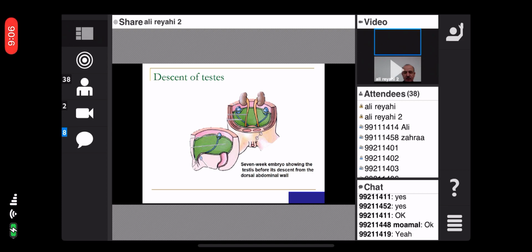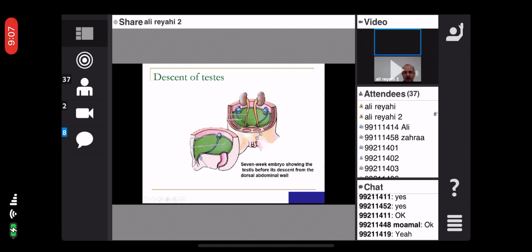But in the embryonic period, the testis is formed and develops within the abdominal cavity. It forms and develops in the gonadal ridge around the lumbar area in the embryonic period, okay?